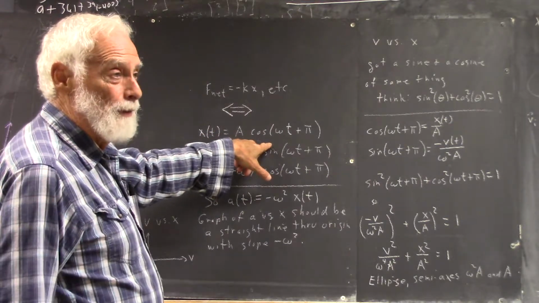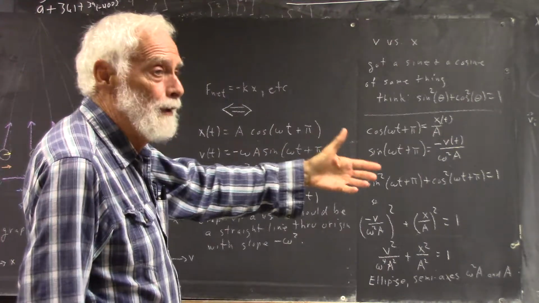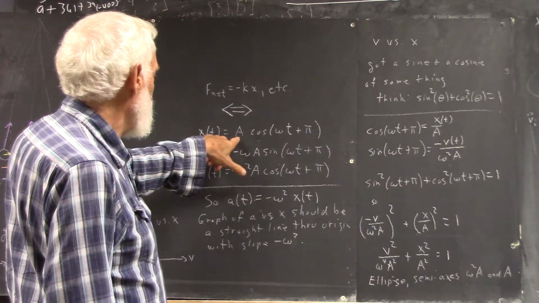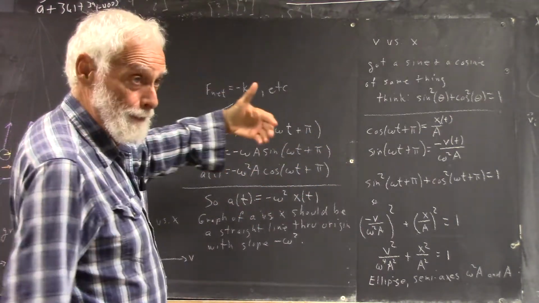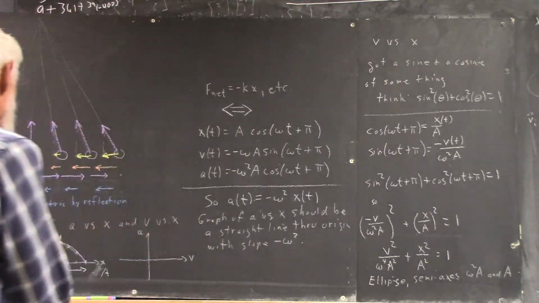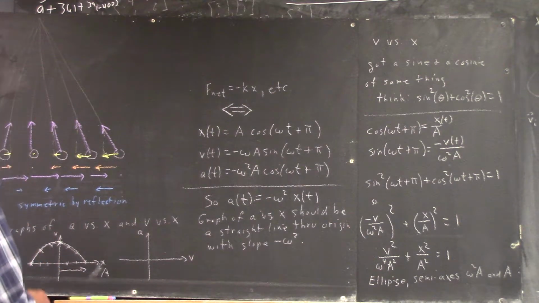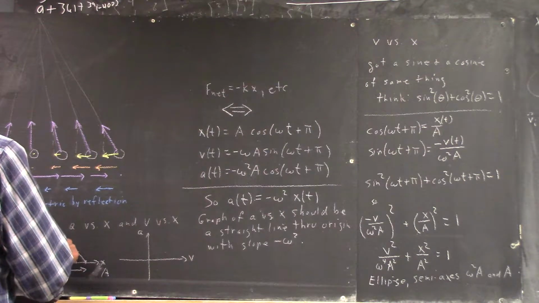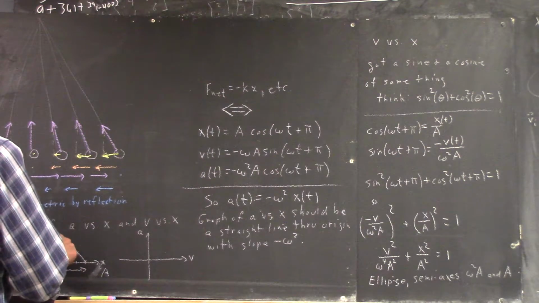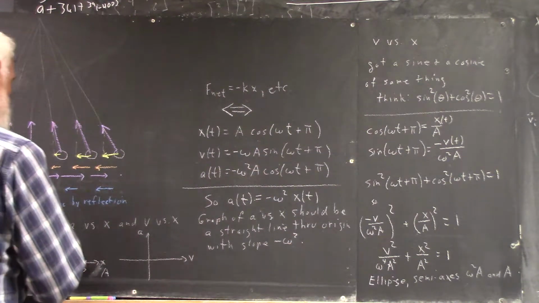Because the maximum value of the cosine is 1. Cosine goes from -1 to 1, so x goes from -A to A, right? So clearly, this better be A, right? And then this turns out to be omega squared A.